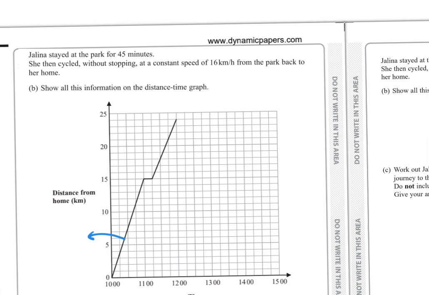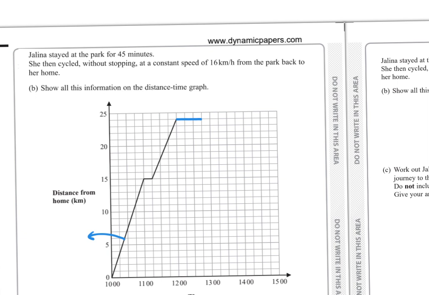If the velocity is 0, it is represented on the distance time graph by a horizontal line. For 45 minutes, each small square represents 15 minutes, because 4 small squares represent 1 hour. So 45 minutes represents 3 small squares. So draw a horizontal line for 3 squares.